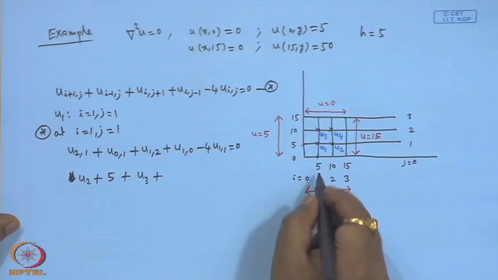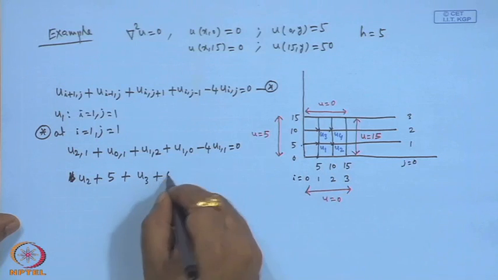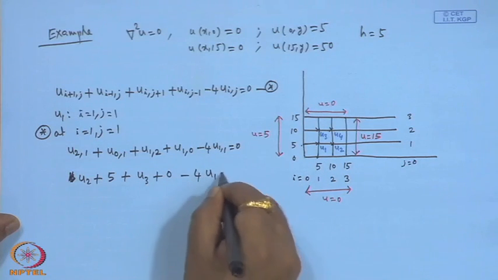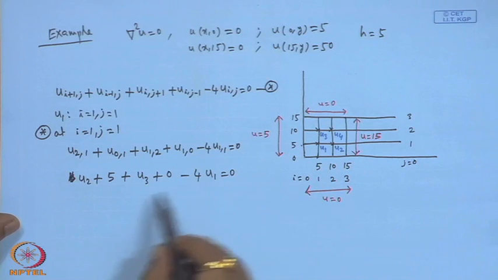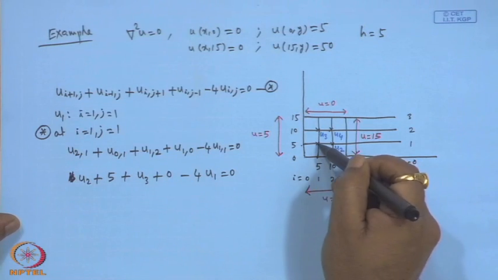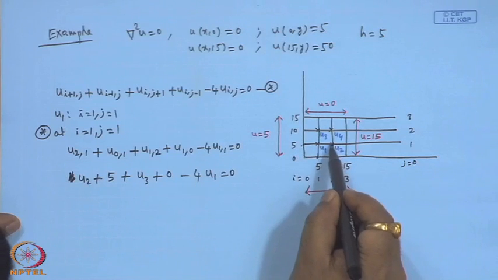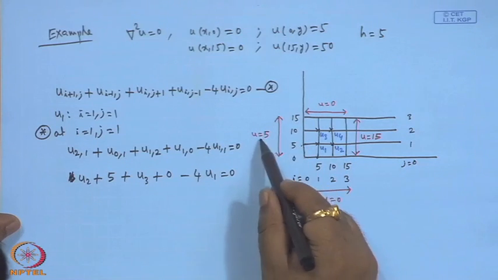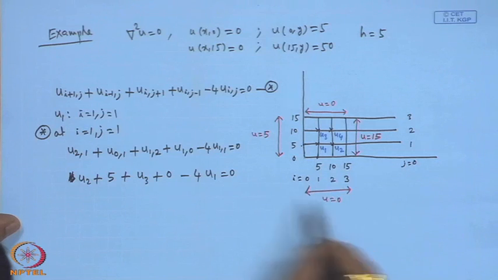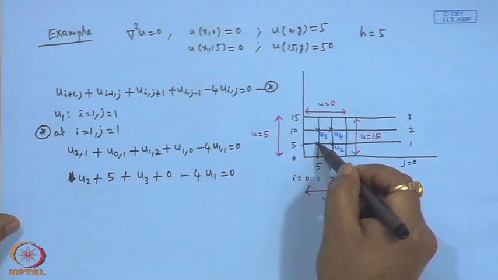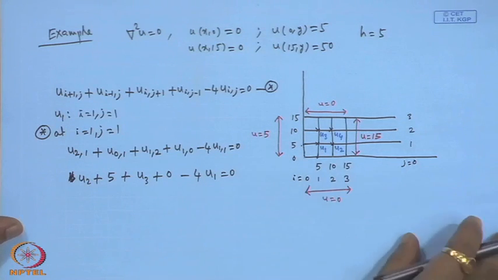So, that is this number, which is 0 minus 4 u 1. Okay. So, what I am trying to do is, if we run here, we need u 2 plus the value here which is 5 plus u 3 plus the value here which is 0, minus 4 u 1, right. So, we do this way.